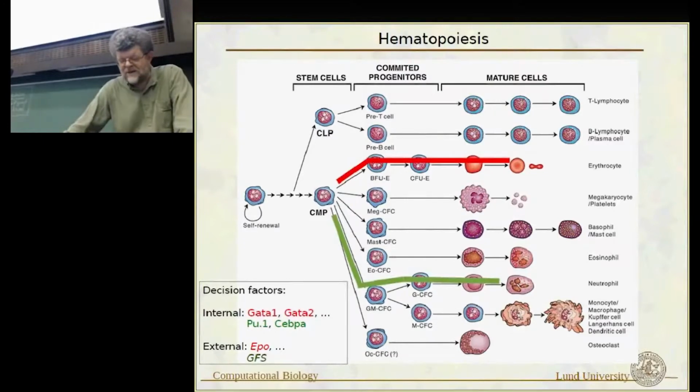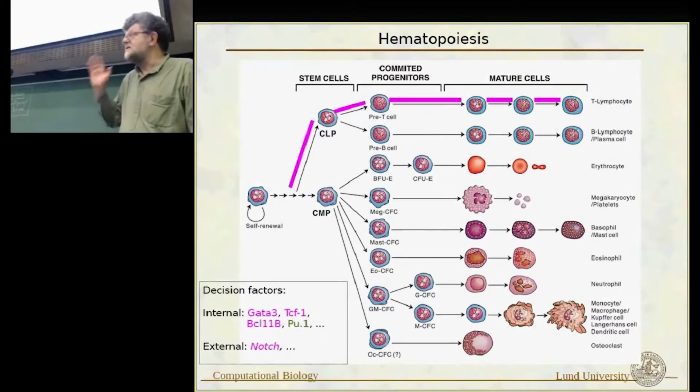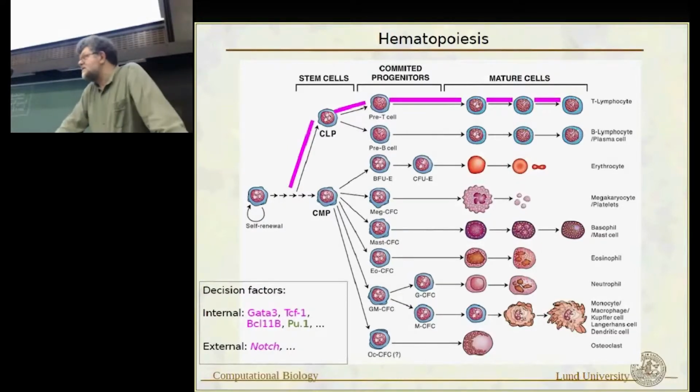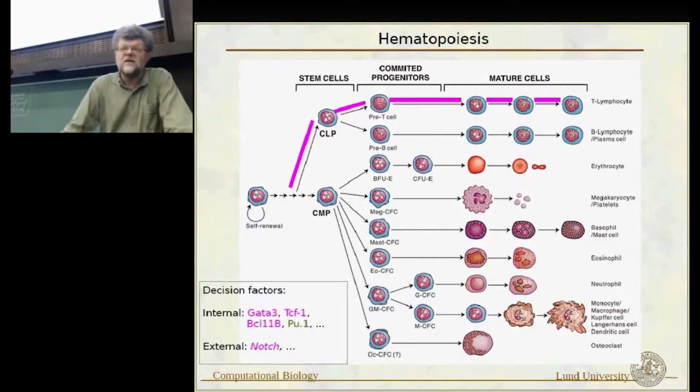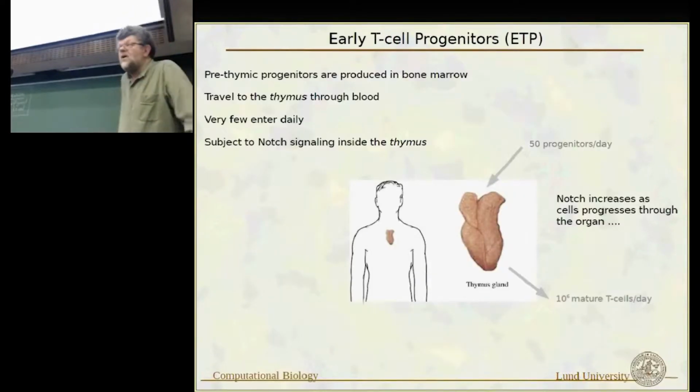the proliferation. So if we go to today's talk, it's a little dissimilar because it's a single trail. And again, there are internal factors. It's GATA3, TCF1, BCL11B, and the correspondence to EPO in red blood cell production is the Notch signaling pathway. So, the early T cell progenitors.